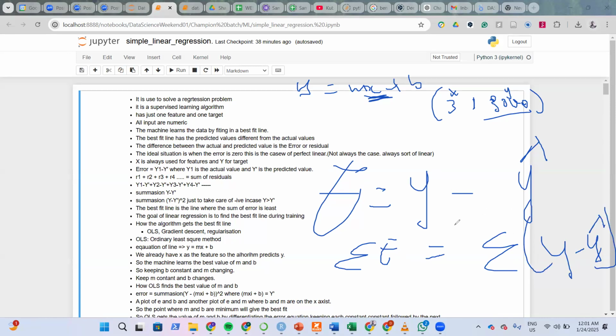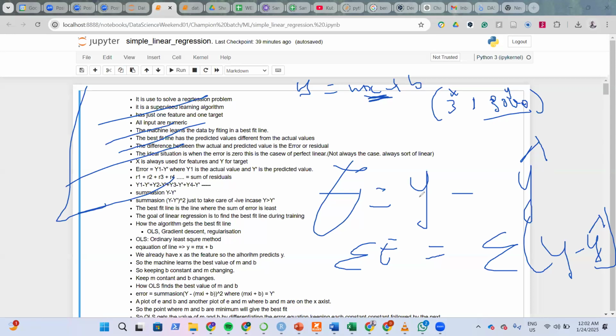And we say the line of best fit is the line where the sum of error is least. So it's the line where y minus y bar gives you the smallest value. If you draw plenty of lines across the data points, the line where the sum of the errors is going to be the least is going to be the line of best fit.